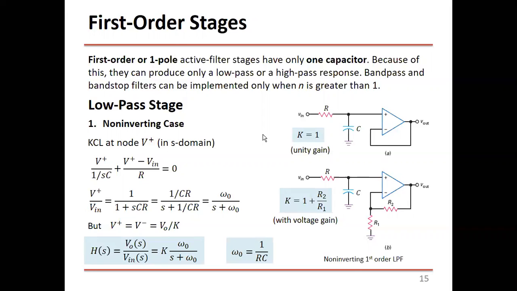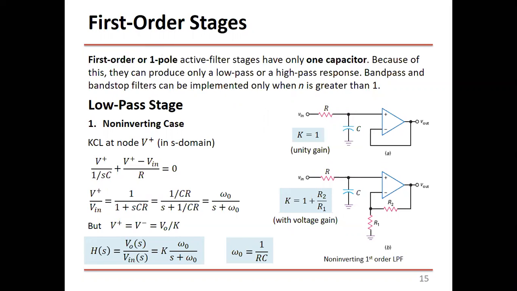Here we're not going to have inductors. Active filters consist of operational amplifiers, capacitors, and resistors. That's it. So when I say first order or second order or third order, that means the same number of poles you have, which is the same number of capacitors you have in the circuit. So for first order, you should expect only one capacitor in the circuit.